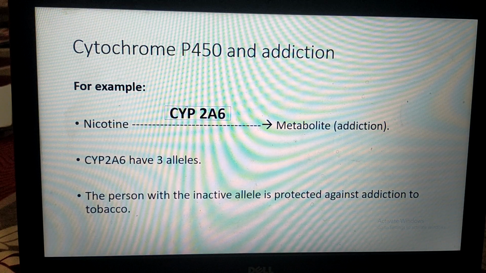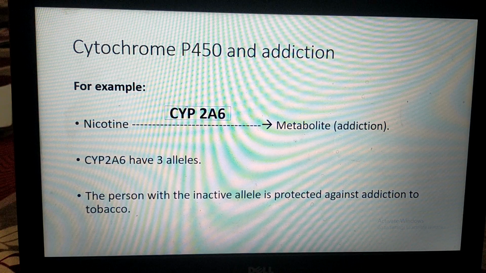So what will happen? The nicotine is not converted into its metabolite, and such persons do not show addiction for nicotine. If in some person 1 or 2 alleles are active, then they will synthesize less enzyme, and it will convert less nicotine into its metabolite, and this person shows less addiction towards nicotine.